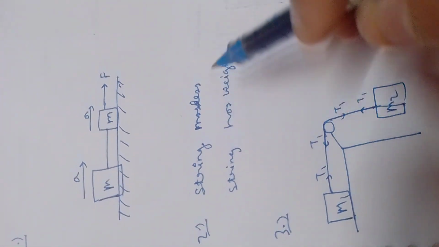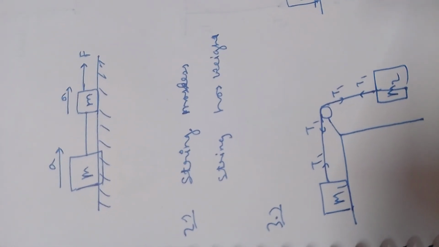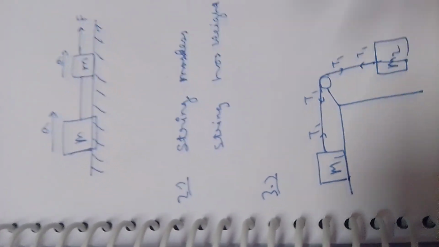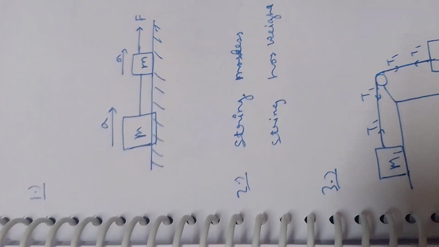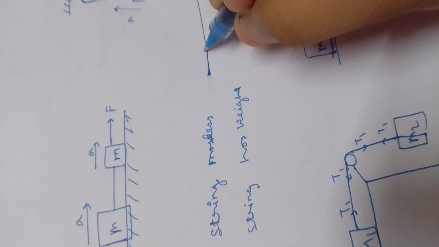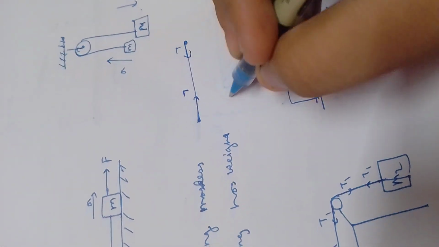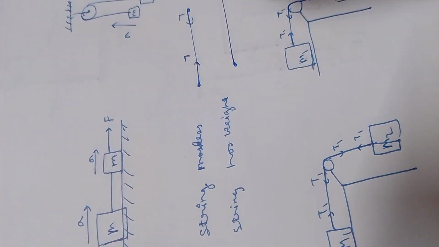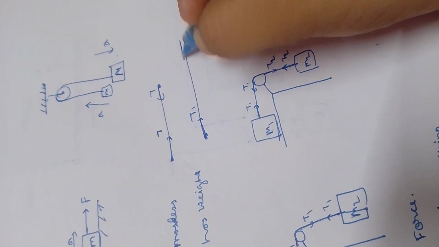However, if the string has weight and is accelerated, tension at different points will be different. Means if the string is massless, the tension all over the string is the same. Tension here is T, tension here is also T. If the string has weight, then tension at different points has different values.